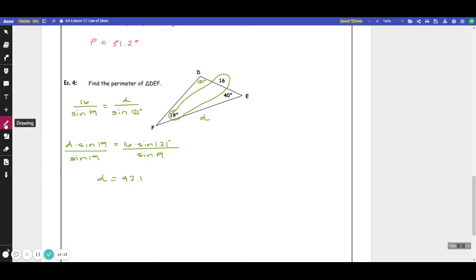Again, if you haven't yet, try to see if you can find E. This would be good practice. So my first fraction, I keep the same, 16 over sine of 19 equals E over sine of angle E is 40. So we cross multiply.